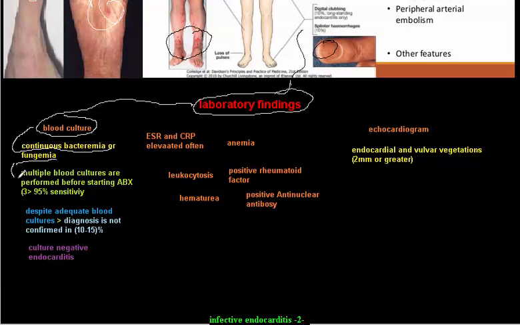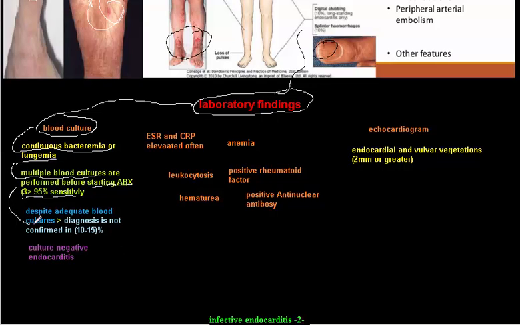We have to take multiple blood cultures, not one, and these multiple blood cultures have to be taken before starting antibiotics, because the usage of antibiotics may mask the blood culture, which may be negative when we use the antibiotic.